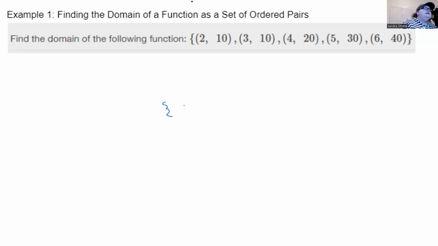So we're going to create a set, and that set's going to include the x value 2, the 10 is the y value. So we'll come over here to 3, 4, 5, and 6, and then finish off the set. That's it for that one.